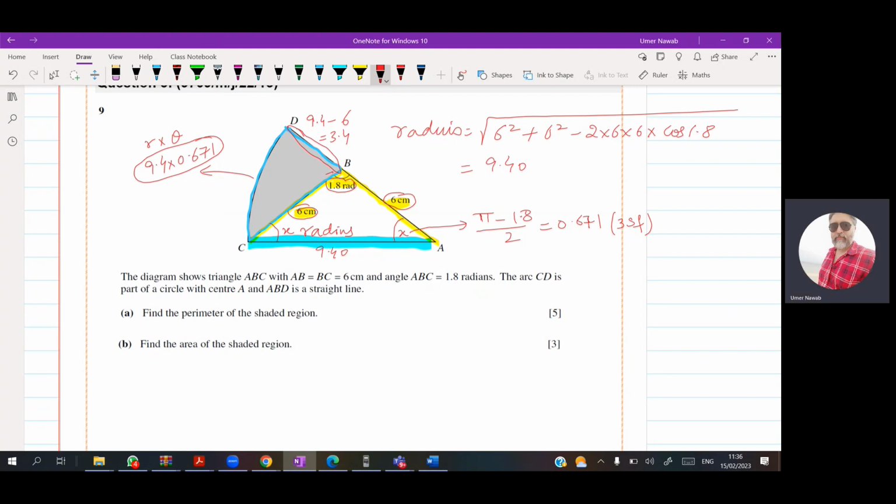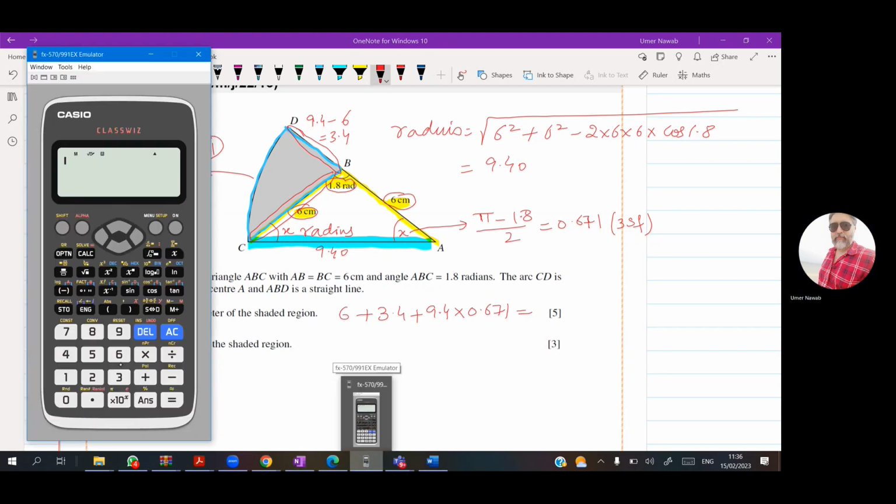And this is already given to me, 6. So perimeter will be 6 plus 3.4 plus 9.4 times 0.671, and then you get your final answer. I got my answer 15.7.